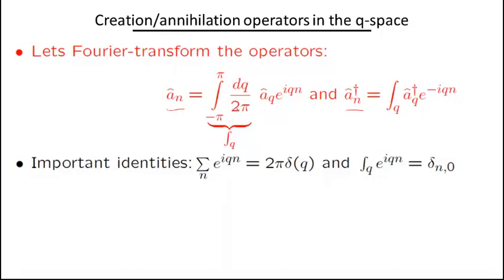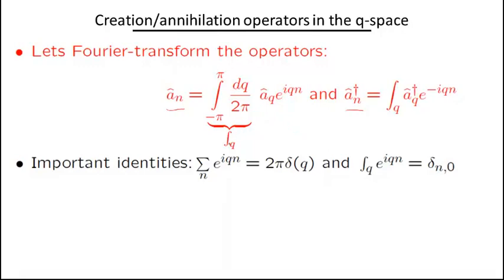The two are related via this Fourier transform, which now is an integral going from minus pi to pi. It's not from minus infinity to plus infinity, because we have a periodic array of these oscillators, not a continuum of oscillators. So it's more like a Fourier series rather than a Fourier transform that we're using.